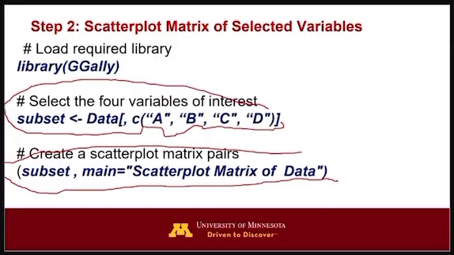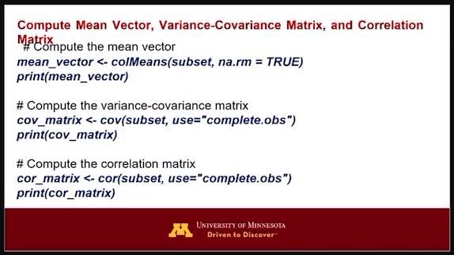Now, after that, some of you have been asking me, how am I going to get a mean vector? How am I going to get a covariance? The moment you have your data set, subset is the name of my data set. That subset represents the variables that I extracted from the original data set. And of course, there's the possibility you could have some missing values in the data set.